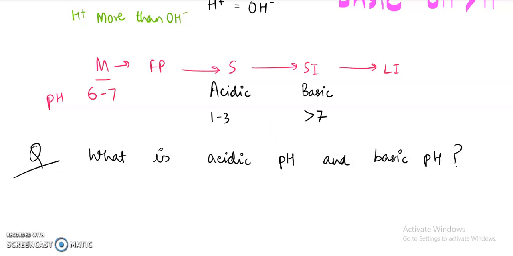Give the values. You can just give the answer by writing their values. You don't have to write an answer in a language form. So if the pH is going to be acidic, what should be the value? If the pH is going to be basic, what should be the value?